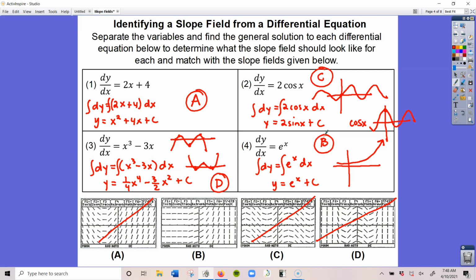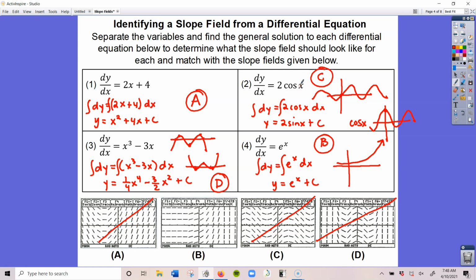So again, we need to know what these graphs look like. You don't need to know exactly what it looks like, but you need a general idea. You could also figure out your slope fields not necessarily by working this out by hand. If you look here, this is a linear function, so when you integrate, we're adding an exponent, so it would be a quadratic.